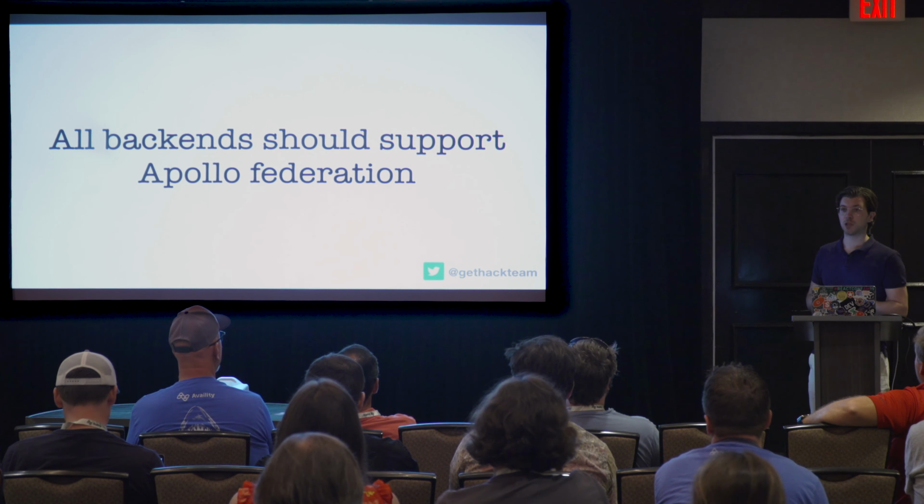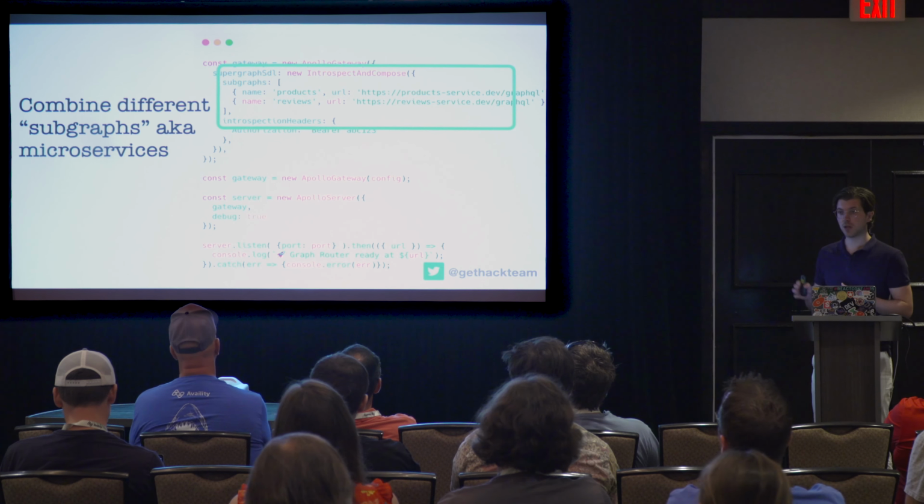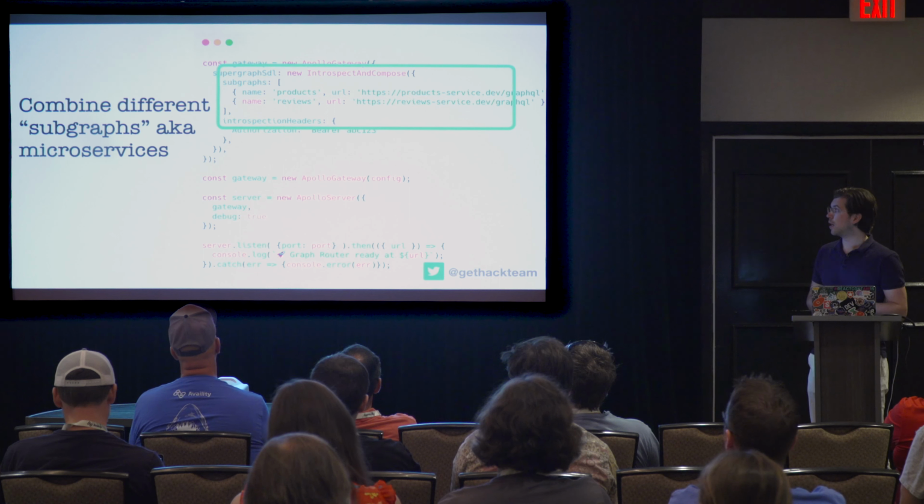It still needs to be configured and deployed, so they don't have a managed service. And it heavily depends on your team, of course, to make sure that you deploy this Docker or this code, however you like to containerize it, to one of your clouds. And writing this gateway is quite similar to writing a schema stitching gateway. You still need to define the subgraphs or the subschemas, however you like to call them, and where they live.